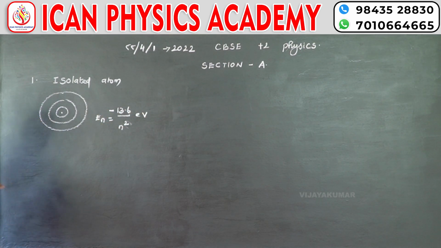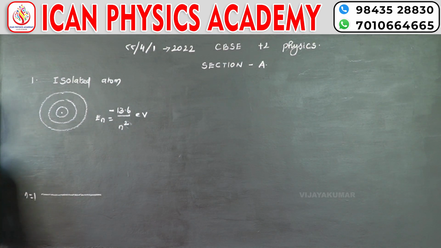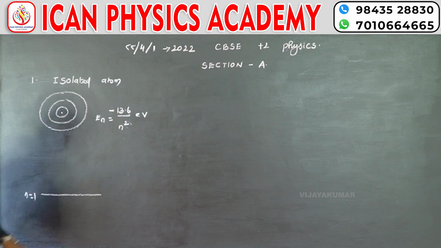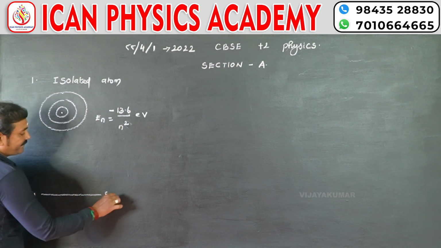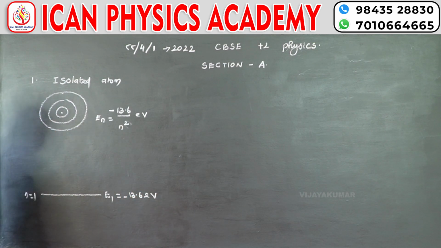If it is the first orbit, n equals 1, 1 squared is 1, so the energy of the first orbit is minus 13.6 electron volt.